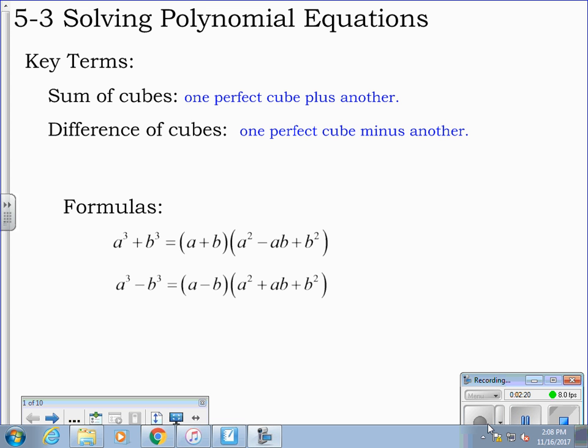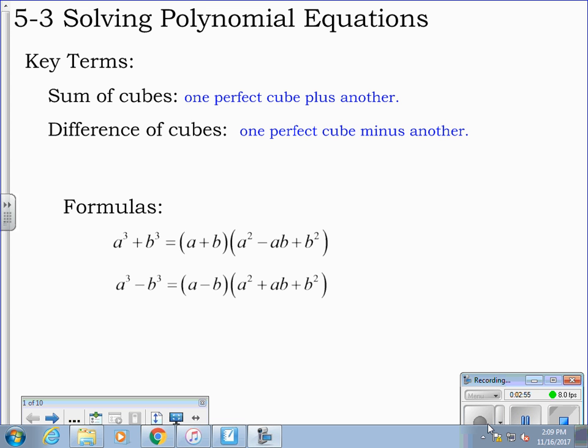Same, opposite, always positive. Same sign, opposite sign, always positive. Other than that, the two formulas are exactly the same, except for the signs in between.